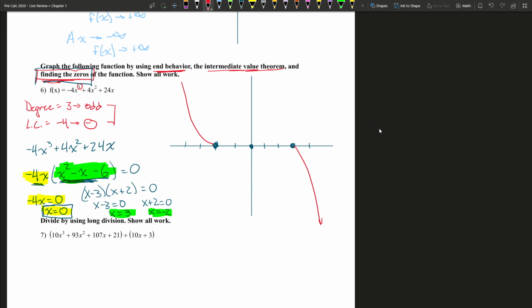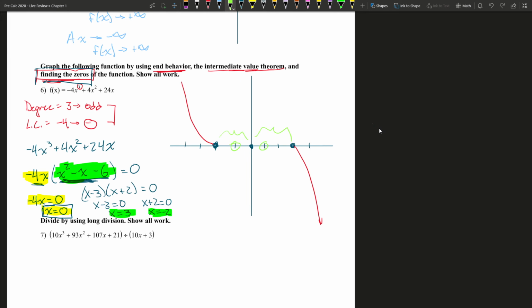And then everything in between we need to check. So we need to check, let's say, this value and this value. When we check those, it'll tell us what's happening in between here and here.